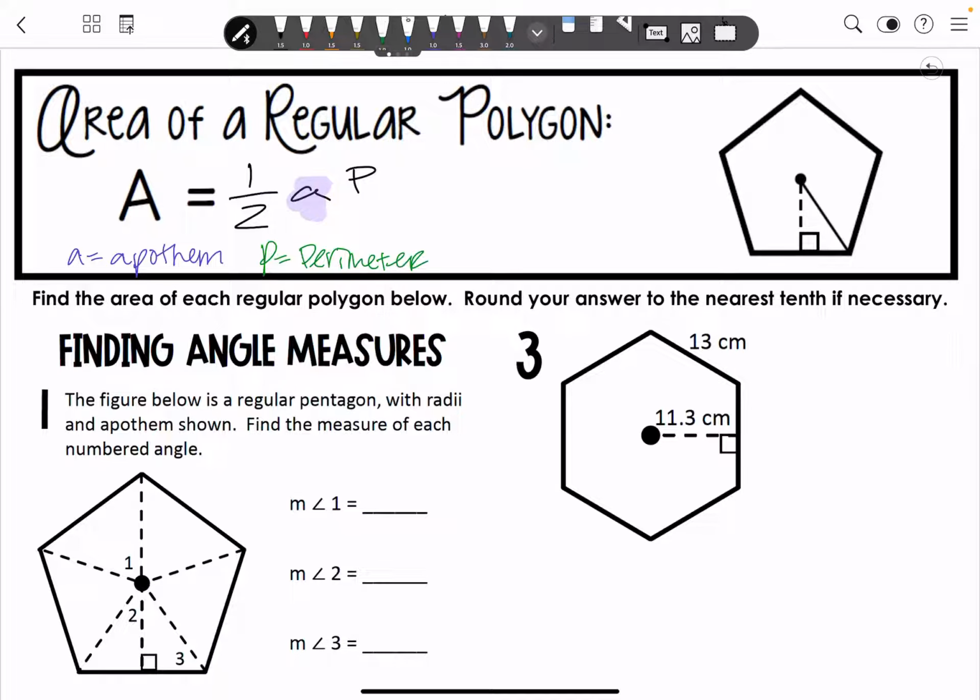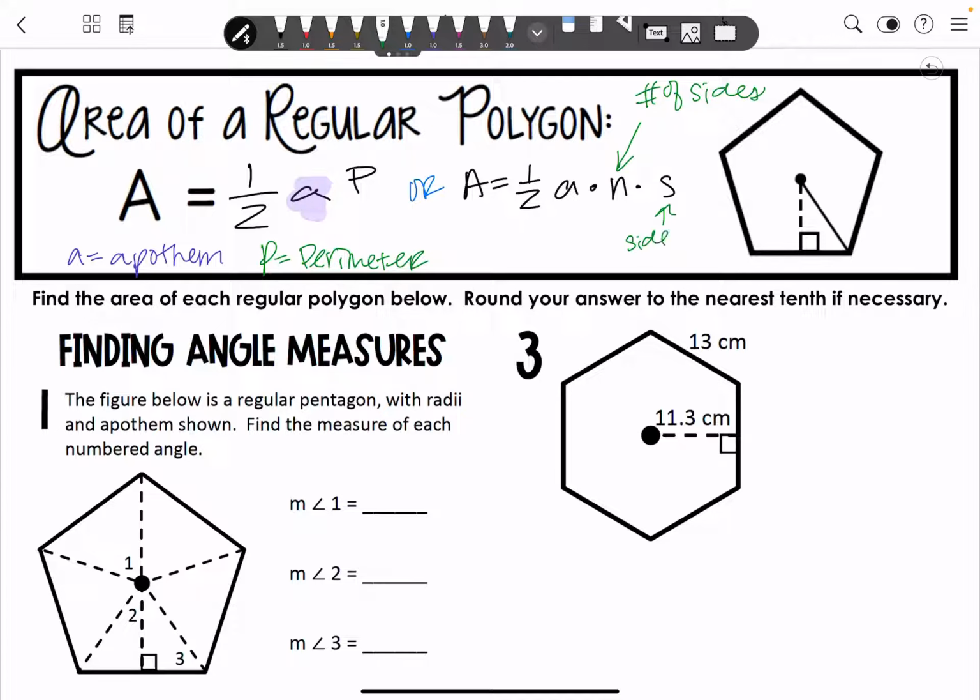Now, another way to write this is A is equal to 1/2 times A times N times S. And I'm putting those just so we can write each of these out. N is the number of sides, and S is the length of the sides.